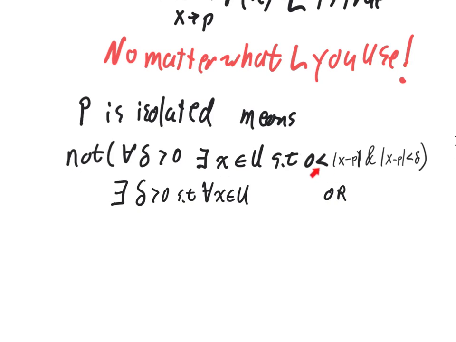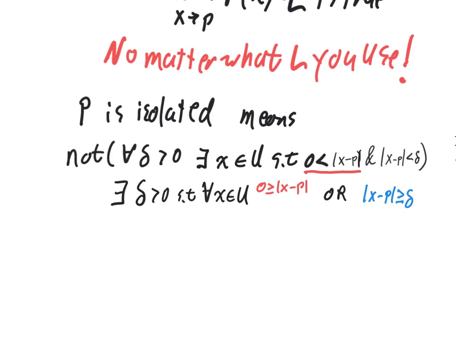When you negate this inequality, you'll wind up with 0 is greater than or equal to the absolute value of x minus p. This is going to be scratch work, so maybe I'll underline it in red. 0 is greater than or equal to the absolute value of x minus p, or the absolute value of x minus p is bigger than or equal to delta.